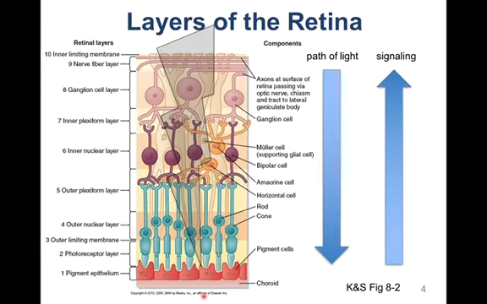Okay, so we're looking at layers of the retina, and let's start down here at layer 1, which is the layer of the retina that's closest to the choroid. So this would be the outermost layer of the retina, and it's the pigment epithelium or retinal pigment epithelium.